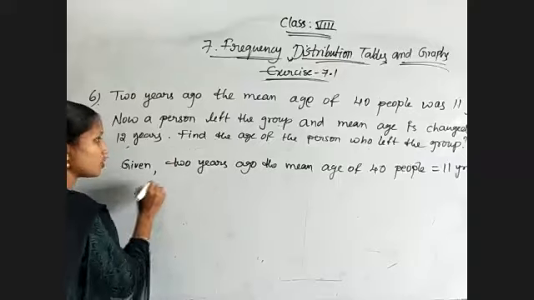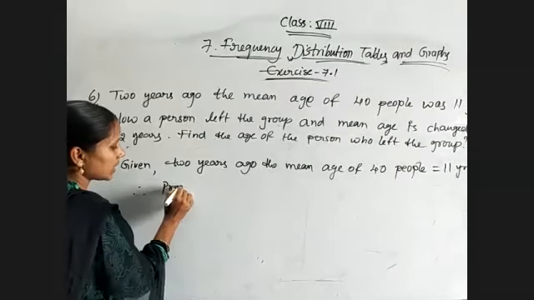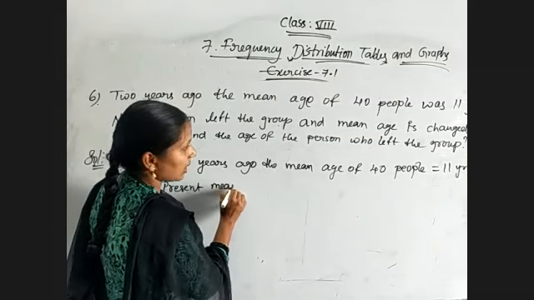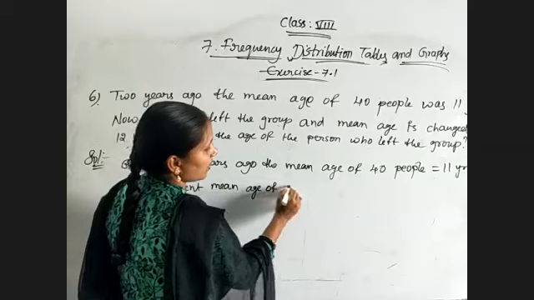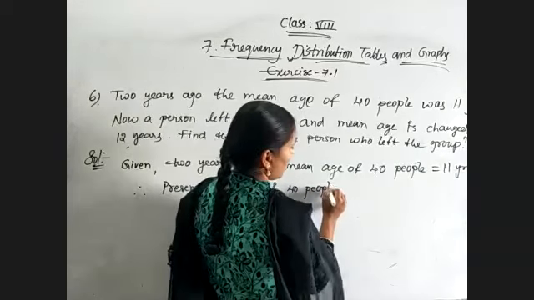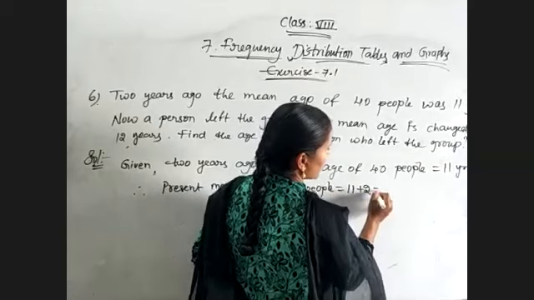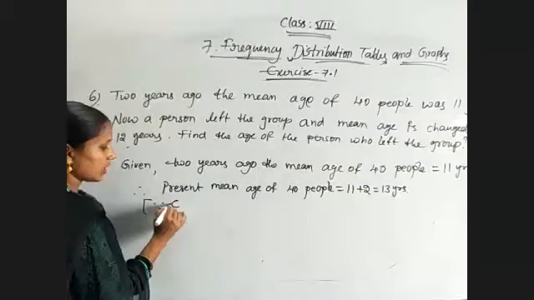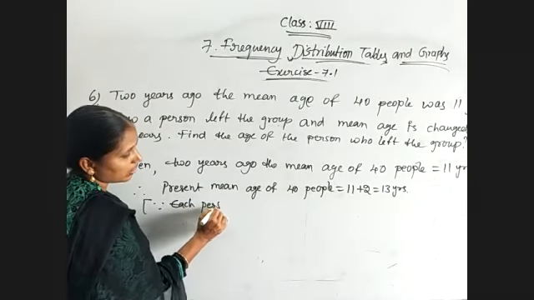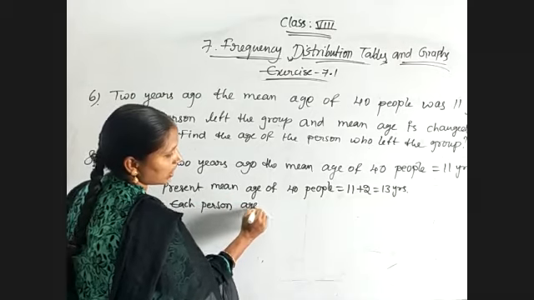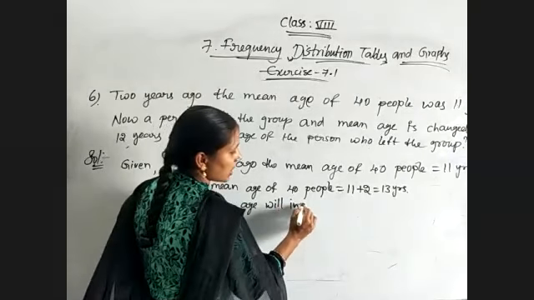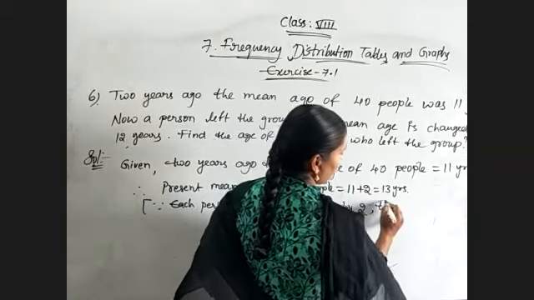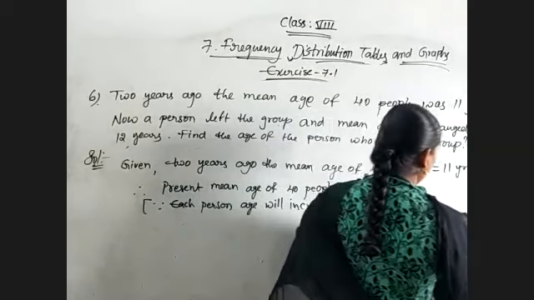Therefore, since each person's age increases by 2, the present mean age of 40 people will be equal to 11 plus 2, which is nothing but 13 years, as the mean also increases by 2.